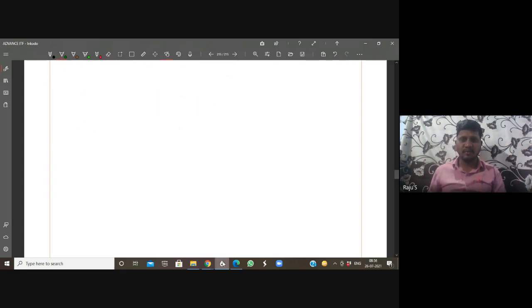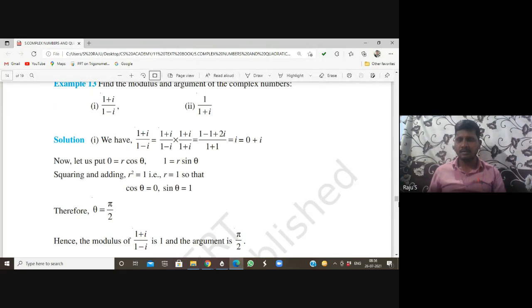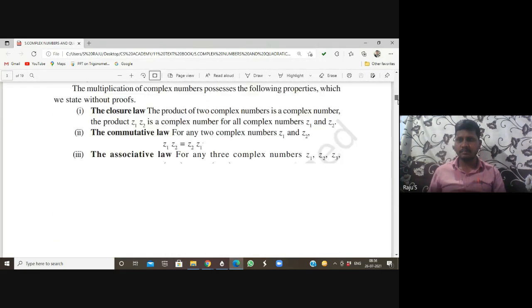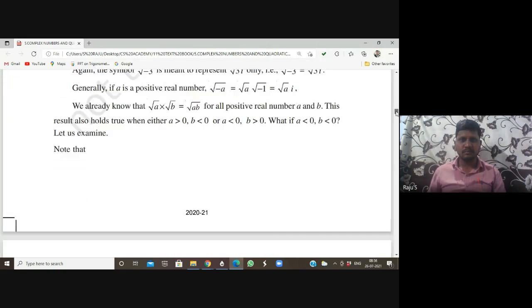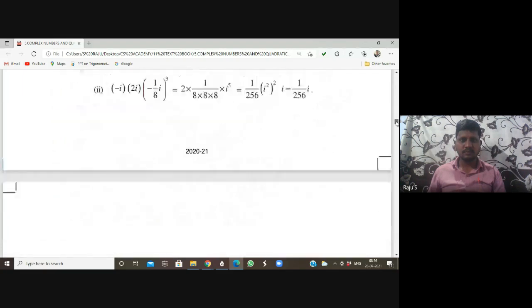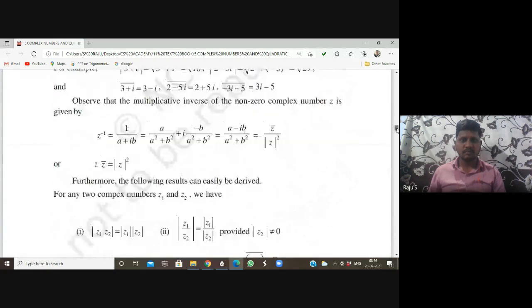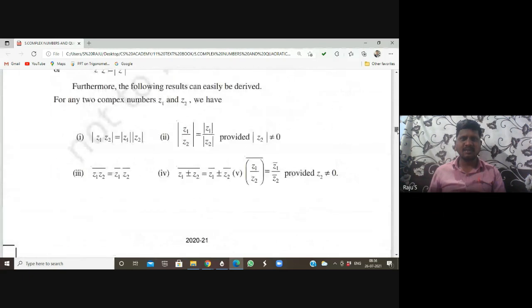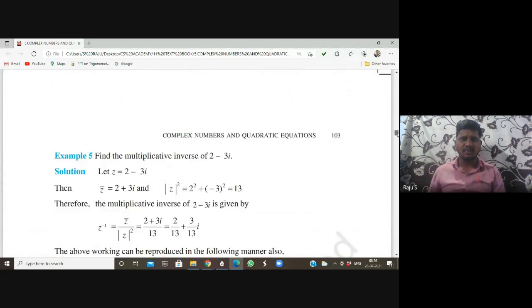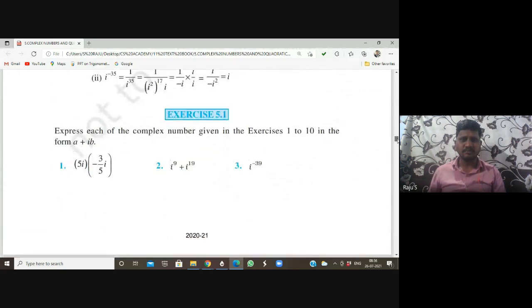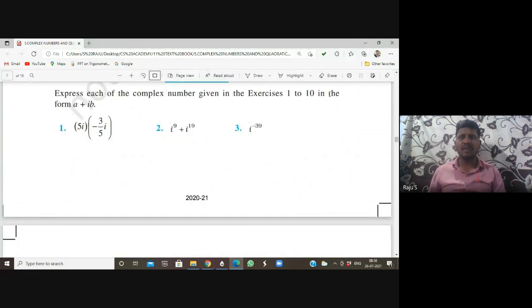Let us go for the exercise here. These are the properties that we will discuss. Questions are very easy.